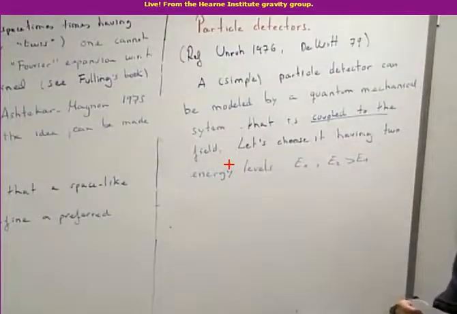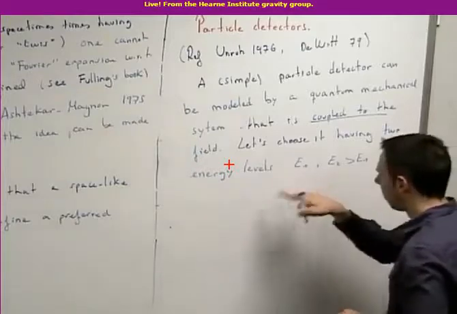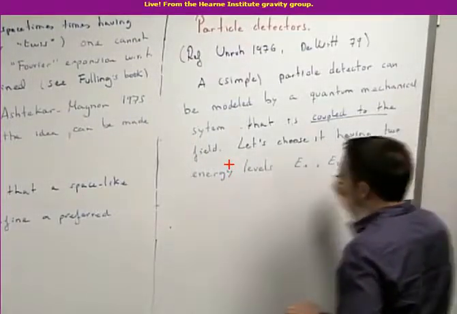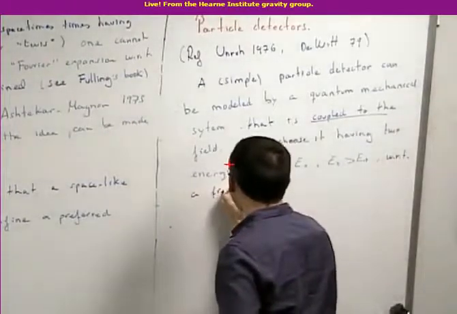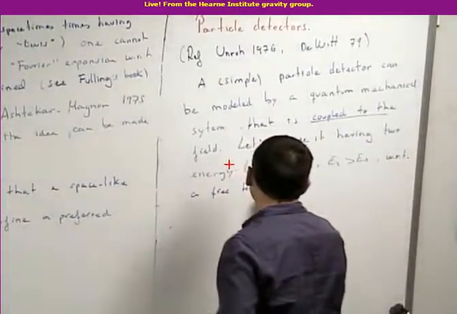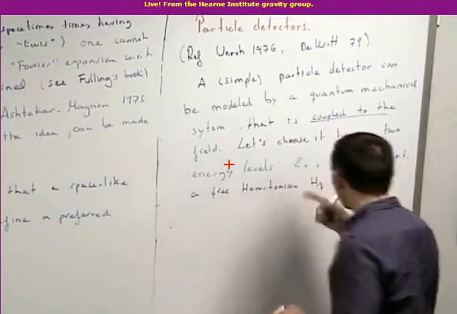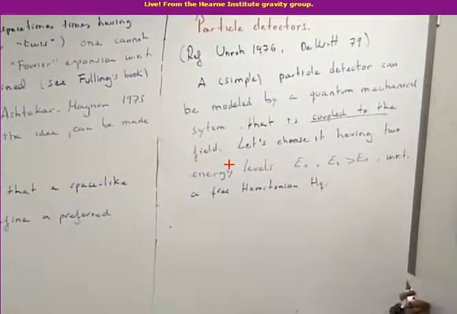So two energy levels with respect to a free Hamiltonian H_Q. Let me call H_Q the Hamiltonian of our quantum mechanical system.